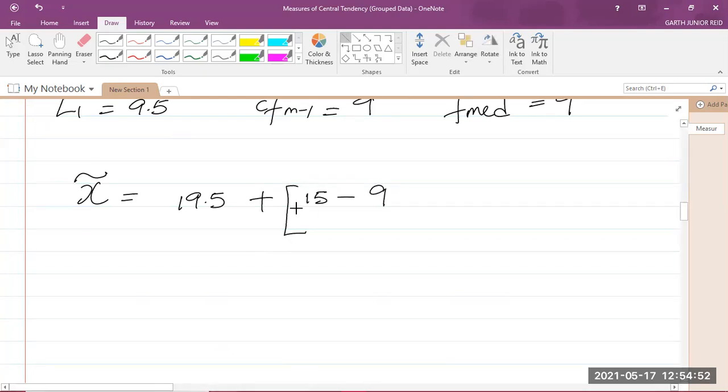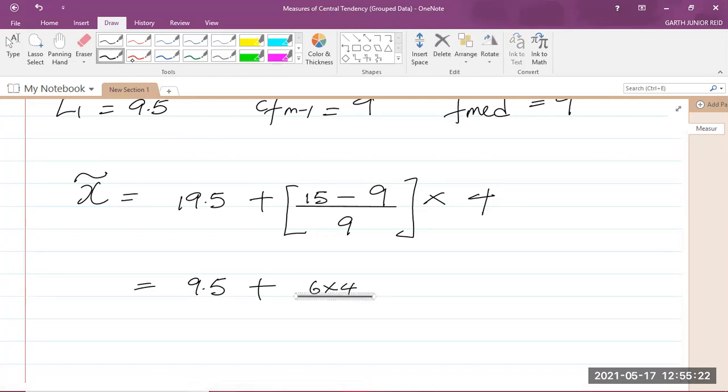Dividing that now by 9, all right, that's the frequency of the median class. And we're multiplying by the class width, which we know is 4. Okay, so that is now equal to 9.5 plus, all right, we know that 15 minus 9 is 6, and we're multiplying it by the 4. That's 6 times 4 divided by 9. All right, that's what we have.